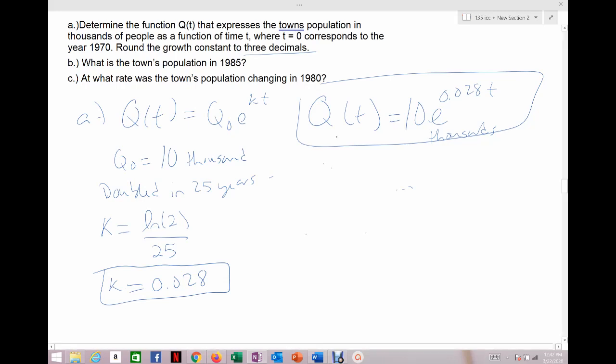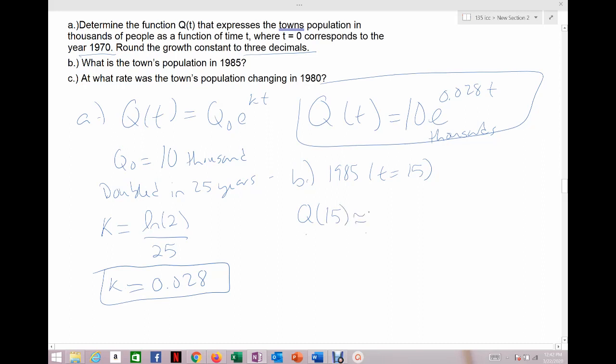So, part B. What's the town's population in 1985? 1985 would be 15 years after 1970, and 1970 is our initial year. So I take the equation we found in part A and plug 15 into it.